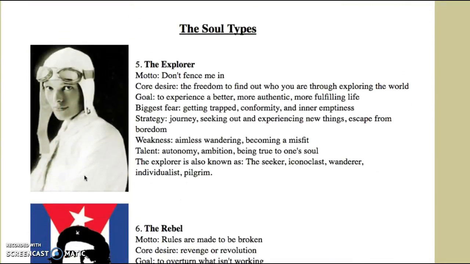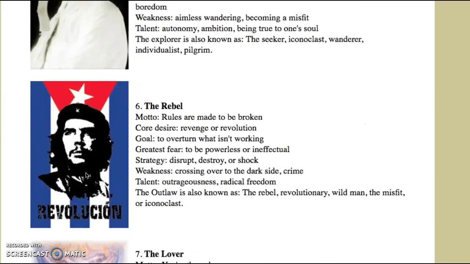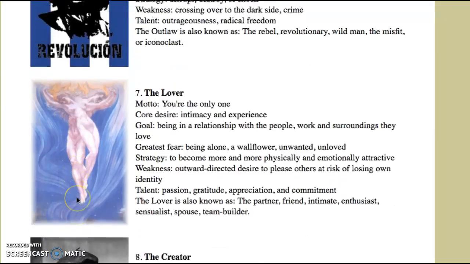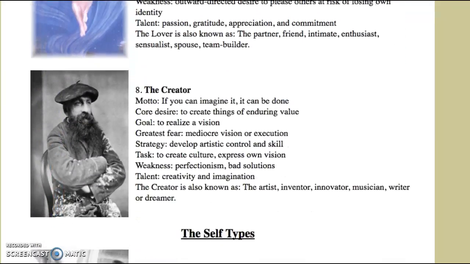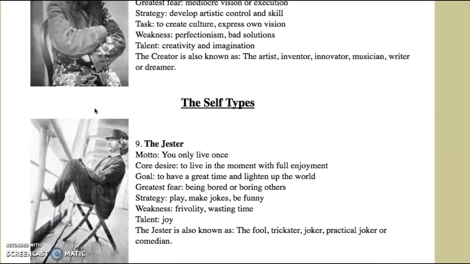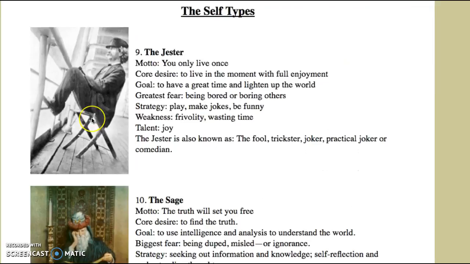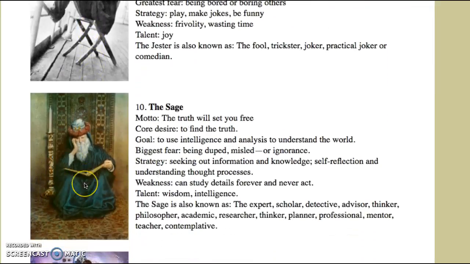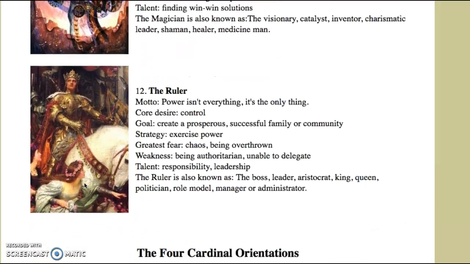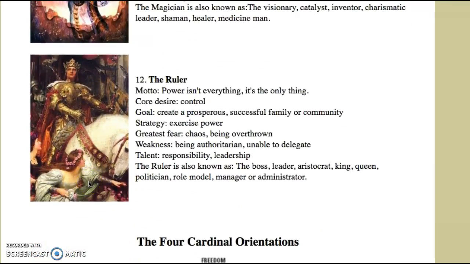The soul types, you have the explorer, the rebel, the lover, the creator. And the creator can be both human creating something physically, tangibly, and also divine. And then you have more like the jester, the sage, the magician, the ruler, or more powerful. Okay?